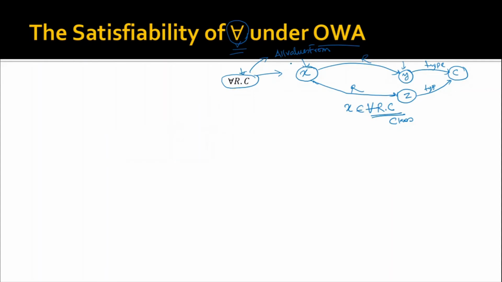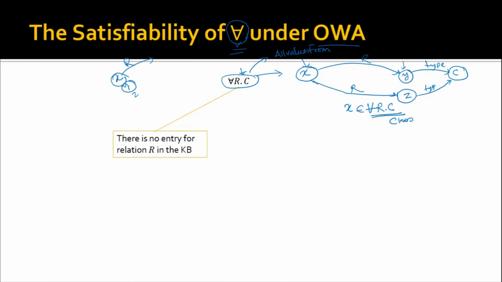Now whenever we try to see what are the situations where this for all R.C is satisfied, there are different cases. In the first case, in your knowledge base you do not have any entry for relation R, right? So you have multiple X, Y, Z, or whatever it be, but for any element you do not have any outgoing edge.